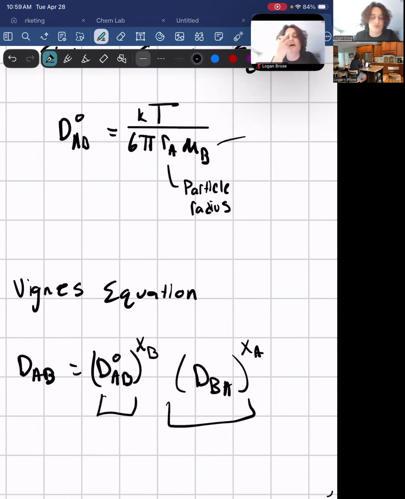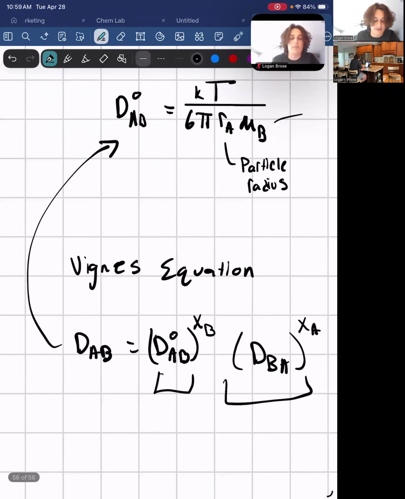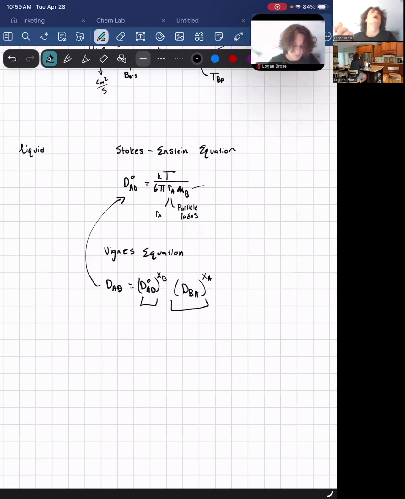Then you can plug this into this D_AB, and with that, you will be able to find this R_A value. So that's how you use the Vignes equation in tandem with the Stokes-Einstein equation to get your diffusion coefficient or your particle radius.